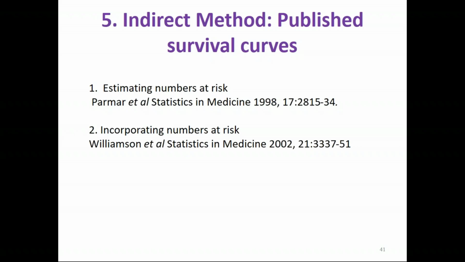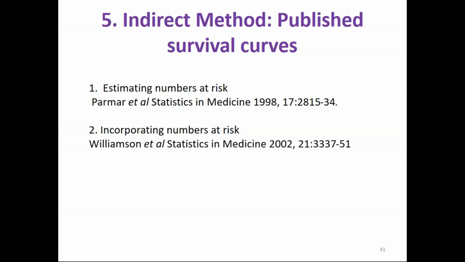However, if the trial publication also presents numbers at risk, then we can use this additional information to tell us more accurate information about the censoring pattern. And so we would use the extended version of that method, which has been described by Williamson et al. in a paper in 2002.